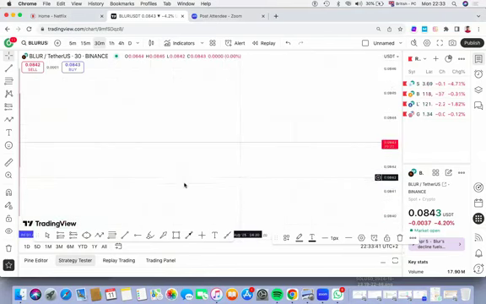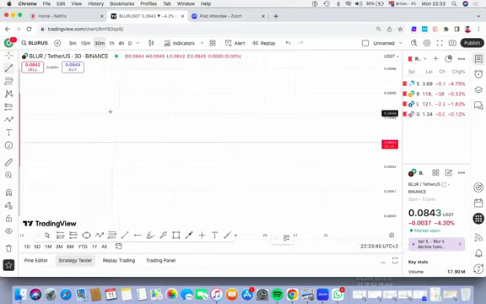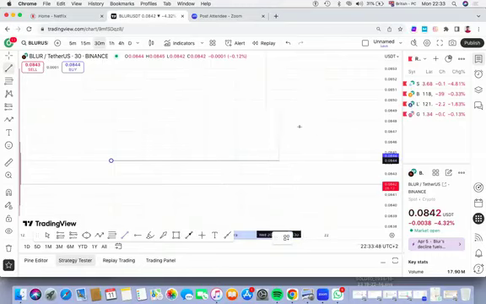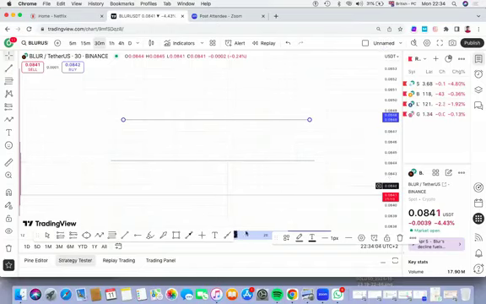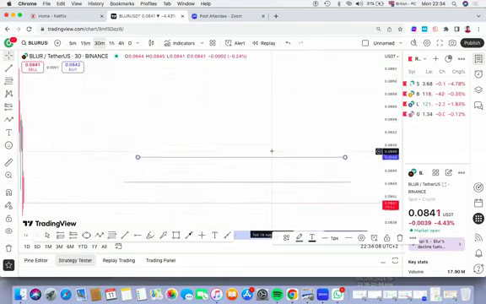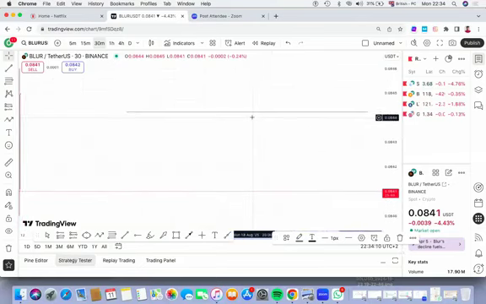You can have your channel like this. Once you mark out your support and your resistance, the market could be trading between them.